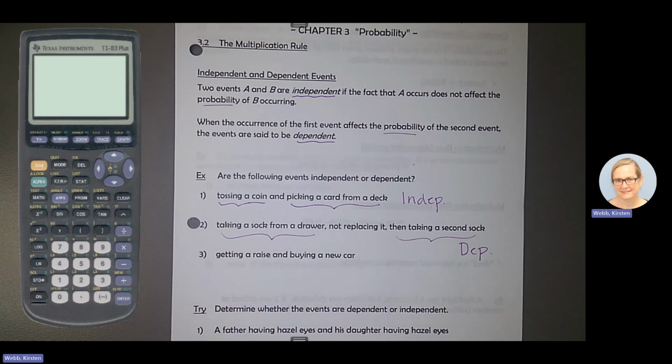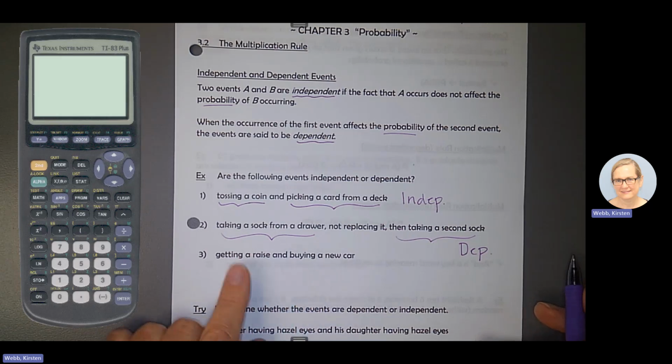This third one sometimes gets a bit of discussion going. People aren't sure how they feel about it. But here's where, again, it's important to remember, we're just saying some kind of a probability link. We're not saying if you get a raise, you're definitely going to go buy a car. We're just asking, do you think getting a raise would change the chance that you'd go out and buy something like a car?